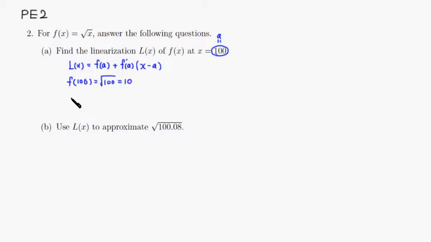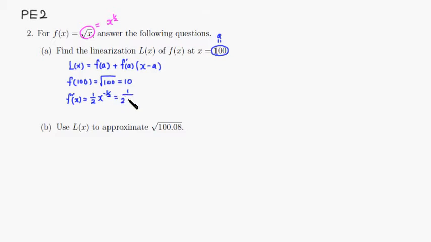Right? And f prime, so f prime of x, so we have to take the derivative. I don't like the way it's written. I don't like square roots, so it's x to the 1/2 power. If you take the derivative of that, you get 1/2 x to the, subtract 1 from the power, so it's negative 1/2 power, which we can write as 1 over 2.